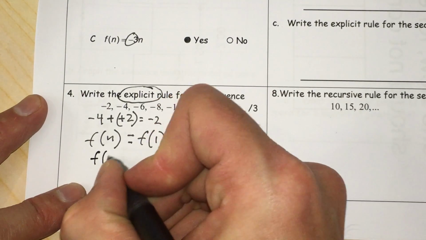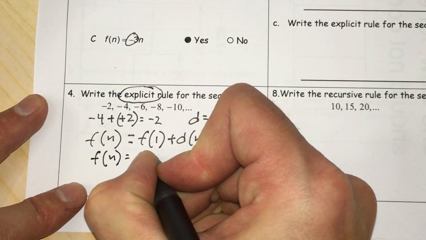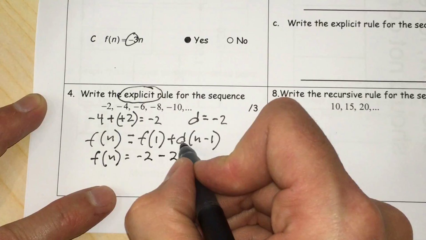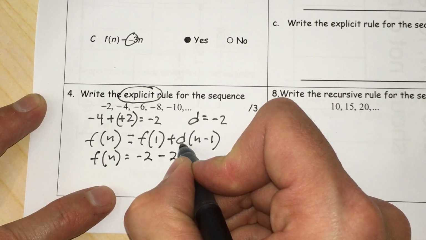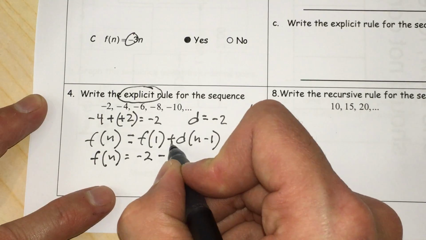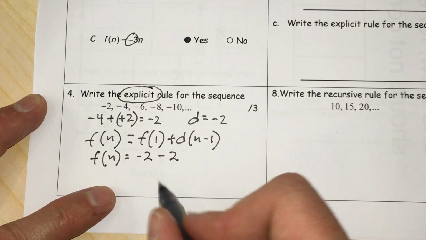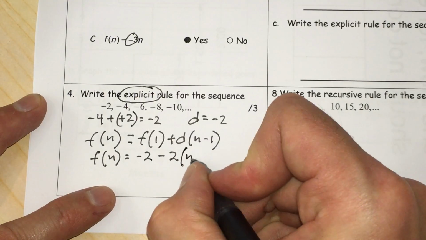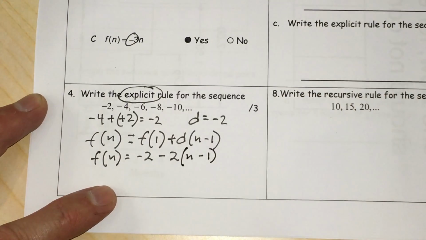Okay, so f of n equals negative 2 minus 2. So that d is a negative now, right? It's replacing it, and so you don't have to write the extra plus in there. It's not really plus negative 2. We can get rid of that positive right here. And don't forget your parentheses.